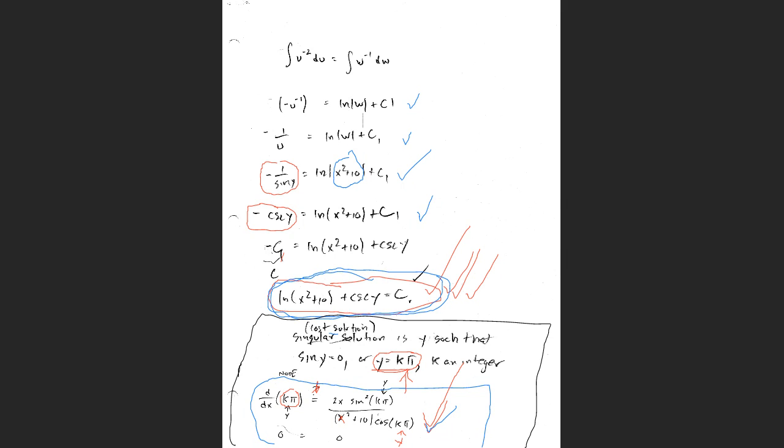It just doesn't show up as part of the implicit solution, because to get that, we had to divide both sides of the differential equation by sine squared of y to separate the variables. And if y were equal to k times pi, the sine function is equal to 0 for integer multiples of pi, right?